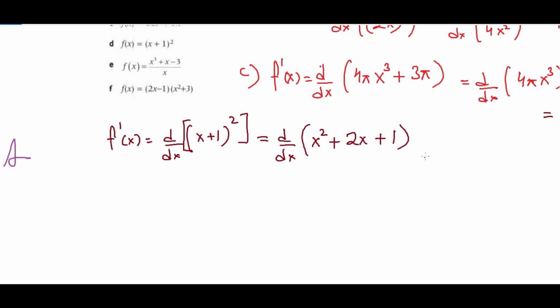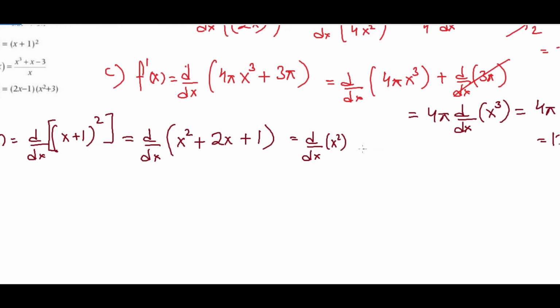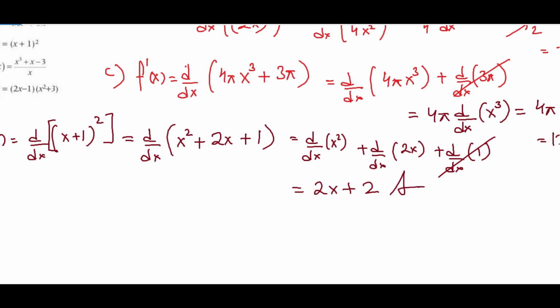Now separate them: d by dx of x square plus d by dx of 2x plus d by dx of 1. The constant term differentiation is just 0. So x square gives 2x, and 2x gives just 2 because 2 can come out and x gives just 1. So this is your answer.